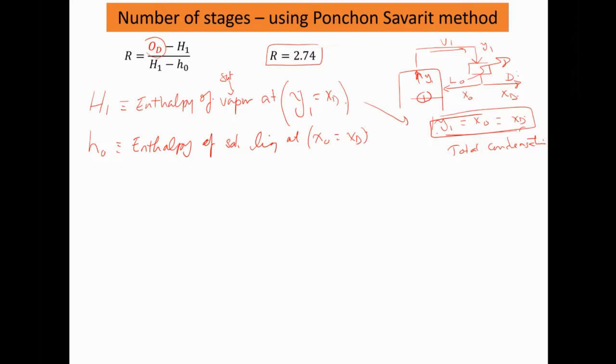Where do we get H1 and H0? How do we get this H1 and H0? Any trial?